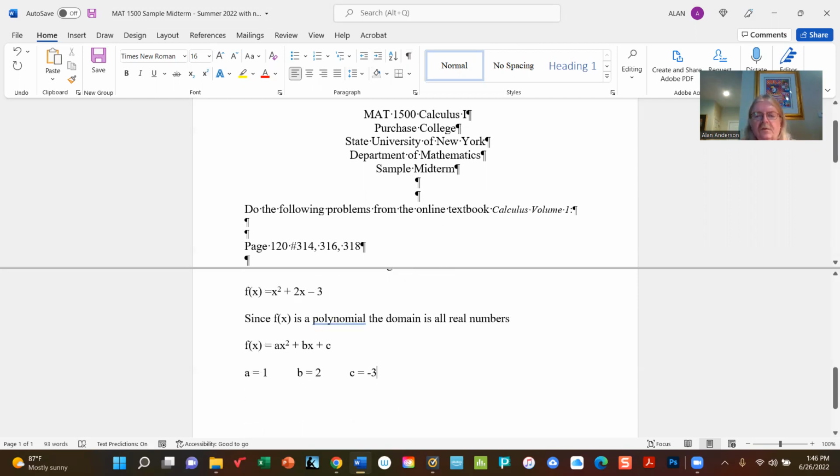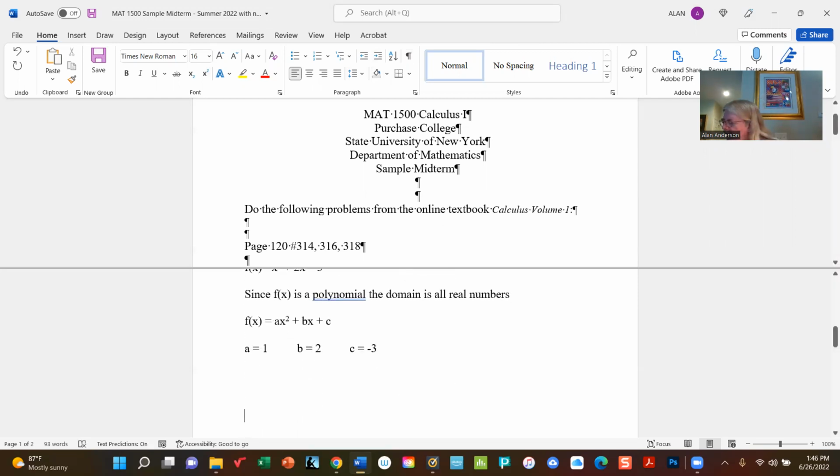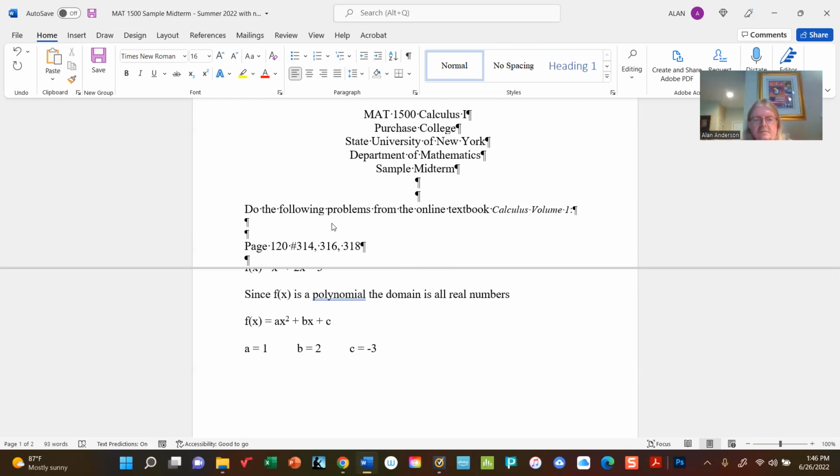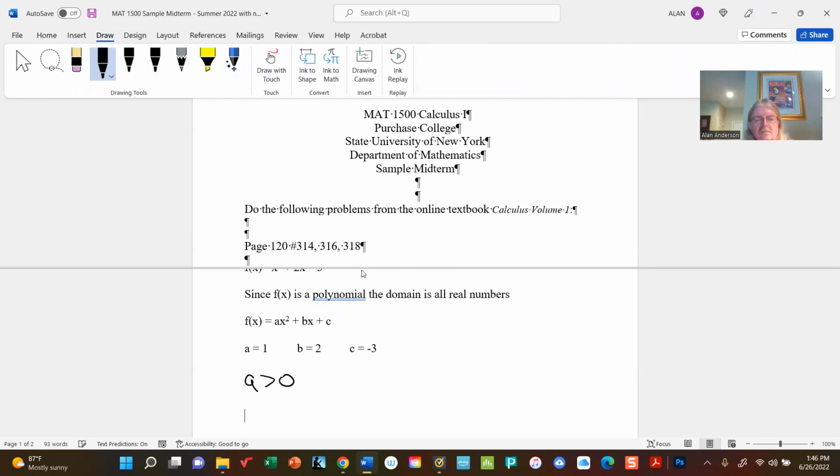Okay, so the formula is this. The formula for the range, when a is positive, you might recall this from chapter 1, the range is the semi-open interval, as it's called, of f of negative b over 2a, comma, infinity.